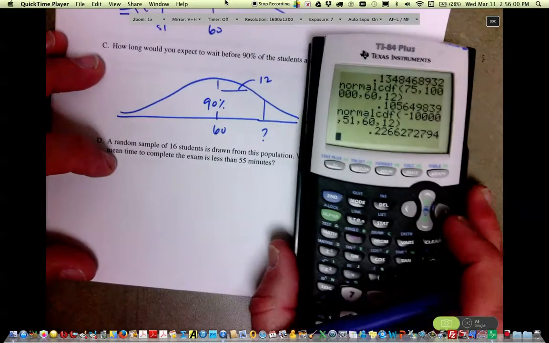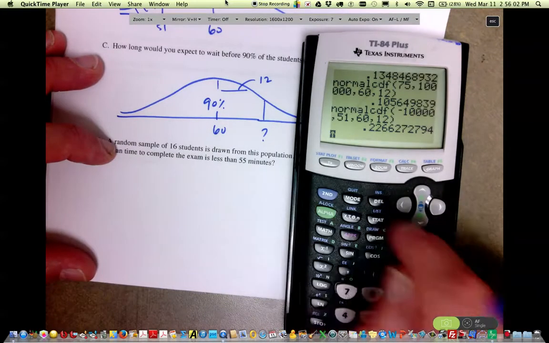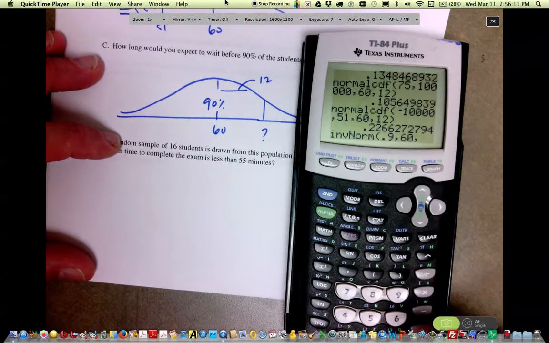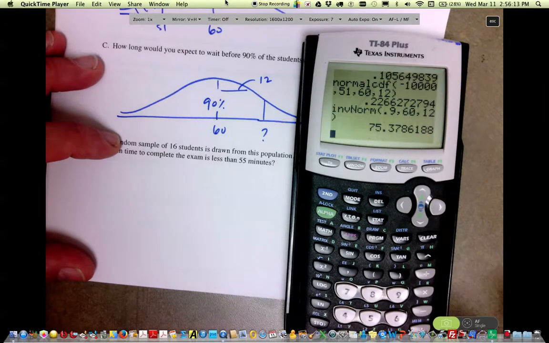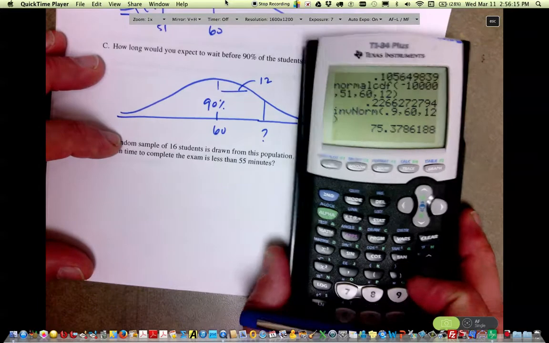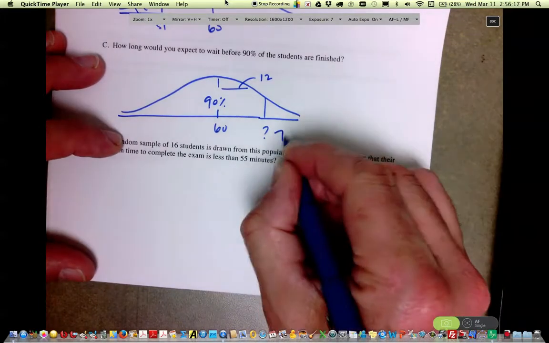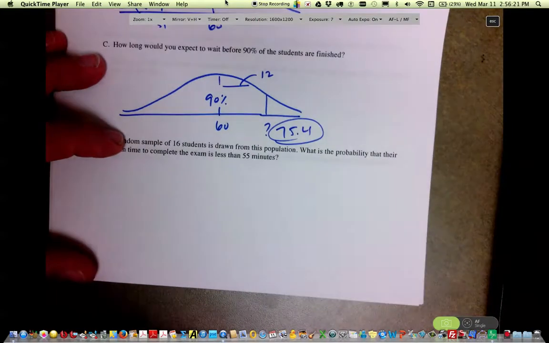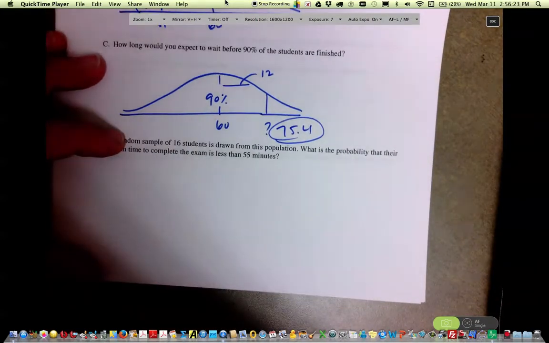This one is set up for an inverse normal. We're looking for the 90th percentile. The mean is 60 and the standard deviation is 12. Okay, so we end up with about 75.4. About 75.4 minutes is how long we'd have to wait for 90% to be done.